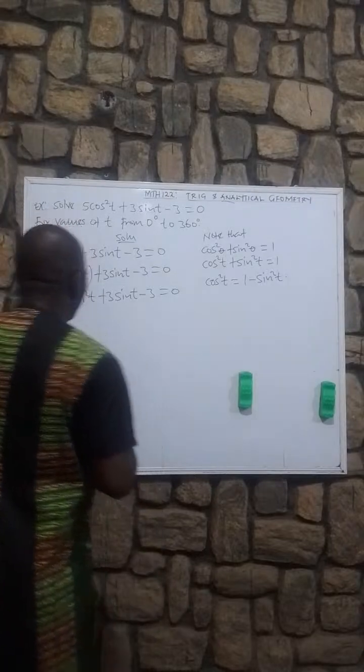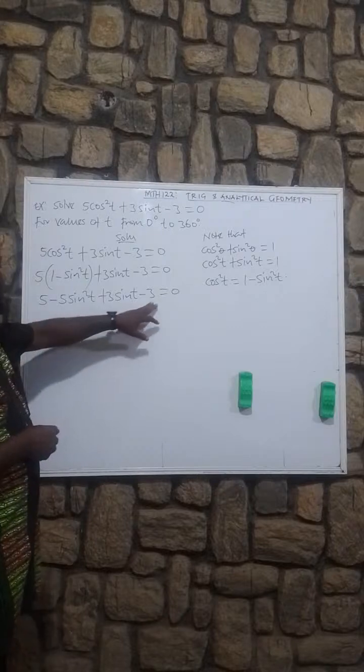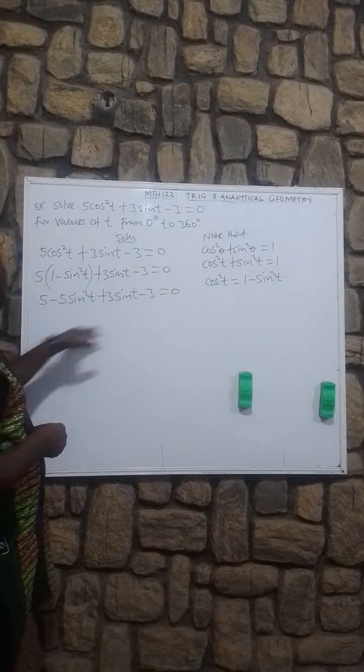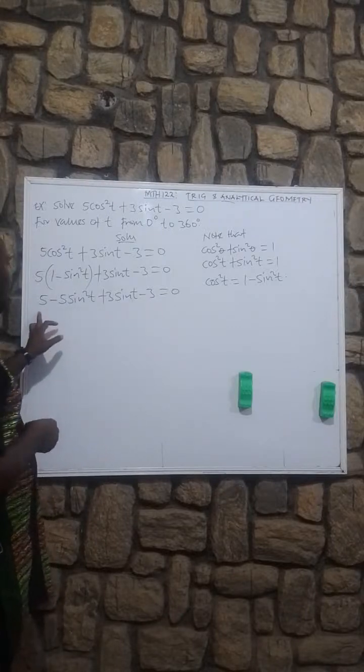So as you can see now, this and this, we can subtract. True or false?